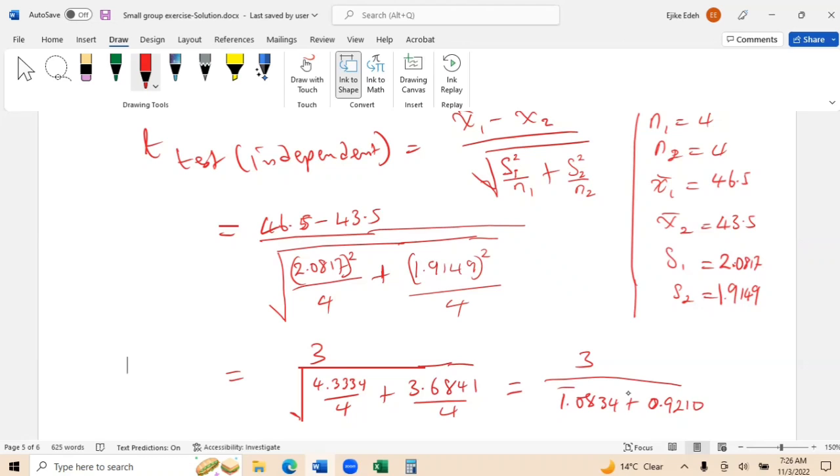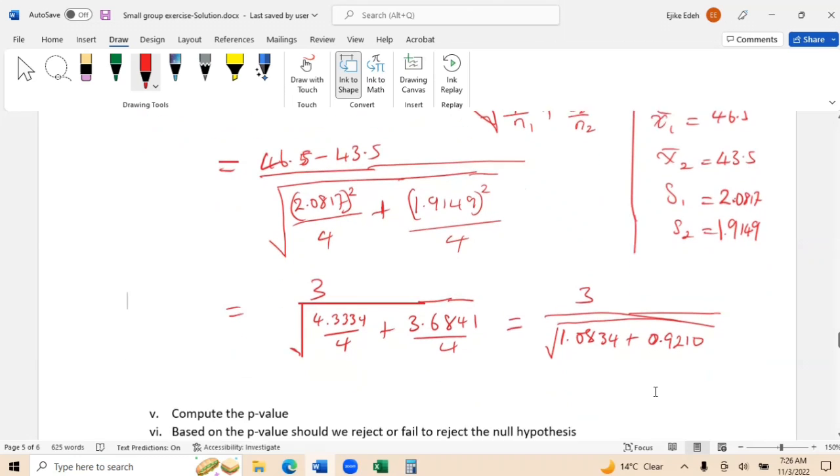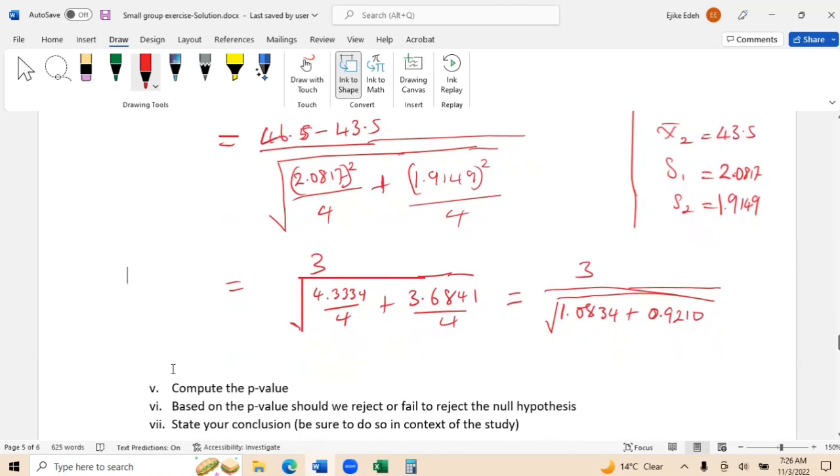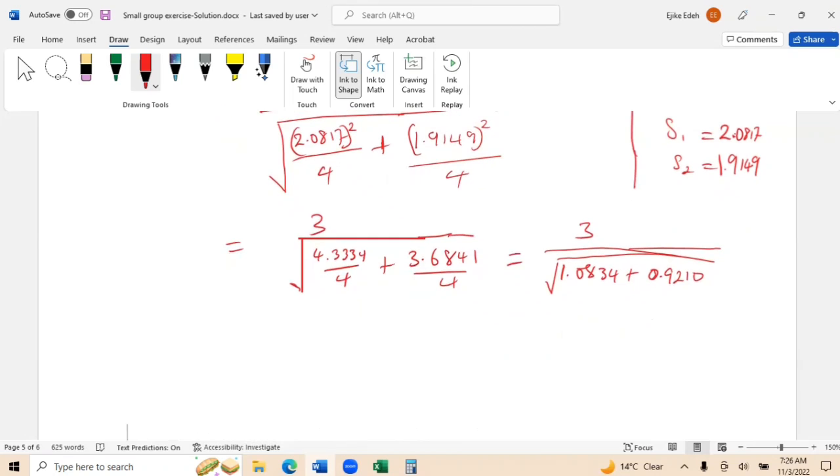Okay, so now I'm going to take the square root of the sum of that. I hope you're following so far. And this is a video, so you can afford to pause it or go back. So this is 3 all over, add those two, just taking every step.